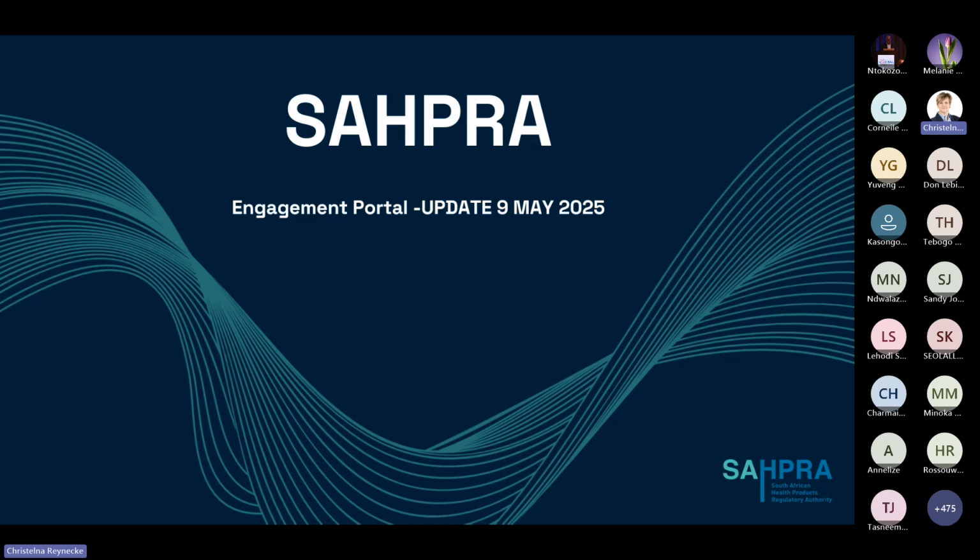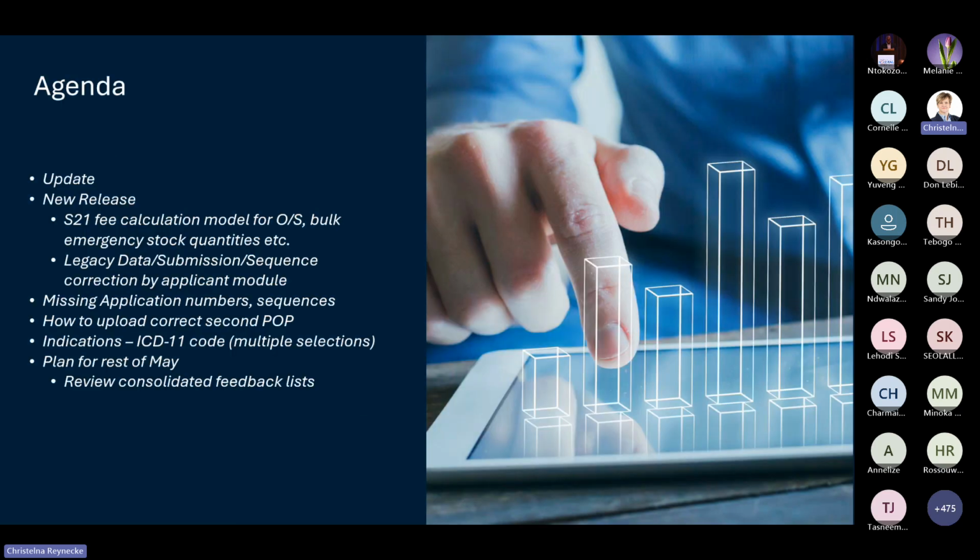So I think we just wanted to do the update. We quickly want to talk about the new releases that went in last night, so as of this morning available on the portal. Also some general questions around missing application numbers or sequences, and what to do.